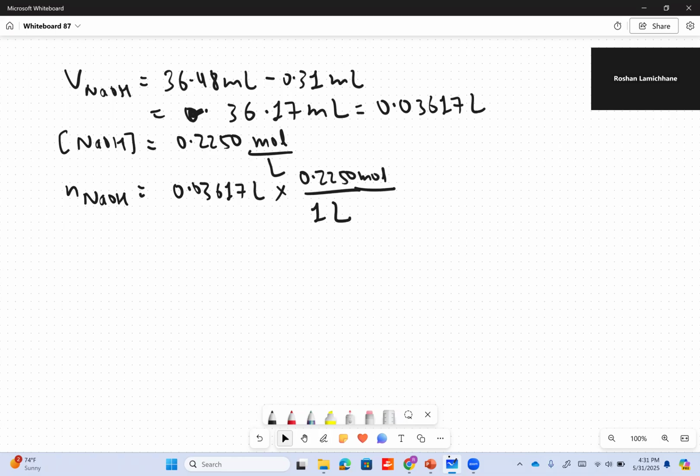And again, if you think about this, this is the same concept that we've been talking about, right? Data given times the conversion factor, isn't it? So data given was the volume of NaOH times the conversion factor.